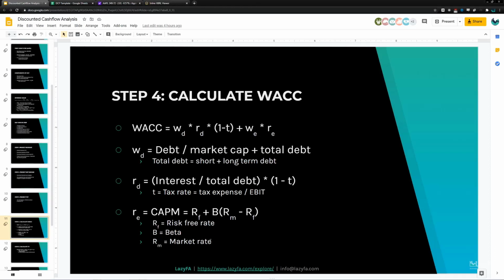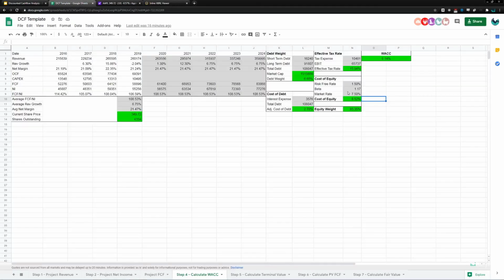And then the market rate is what you can expect to earn in the market at large. So usually this would be something like an average of the last 10 or 20 years of the S&P 500 returns. So for this, I usually use something like 7% or 7.5% just to be conservative. If you want to be more aggressive, then you would put the risk-free rate higher and the market rate a little bit higher.